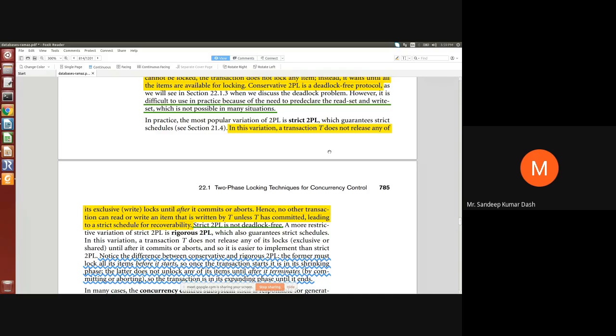But if it holds the write lock and aborts, no other transaction needs to be aborted, because no other transaction would have read it. Since it has acquired the write lock, the modification it has done is available only to itself, not to others. So even if the transaction fails, other transactions will be safe. They will not be rolled back or cancelled. Fine. Are you getting this point, or any doubt?